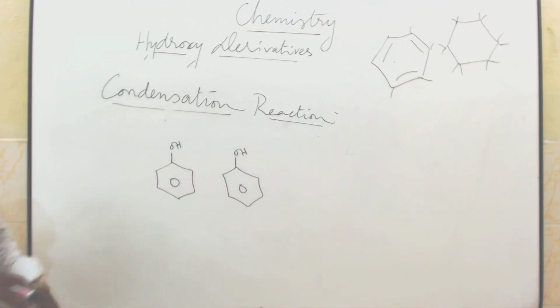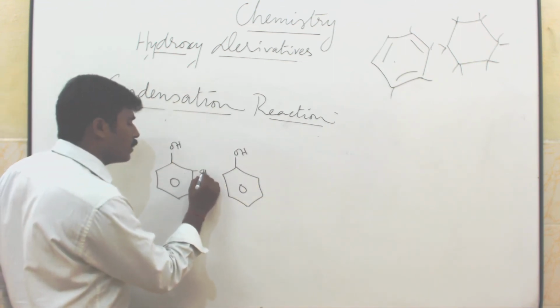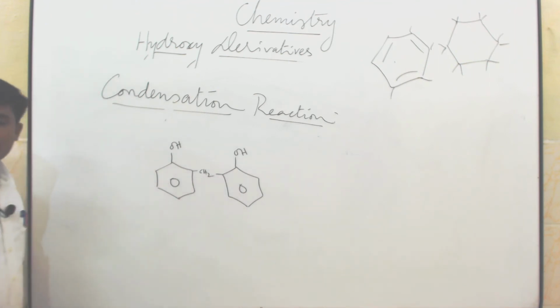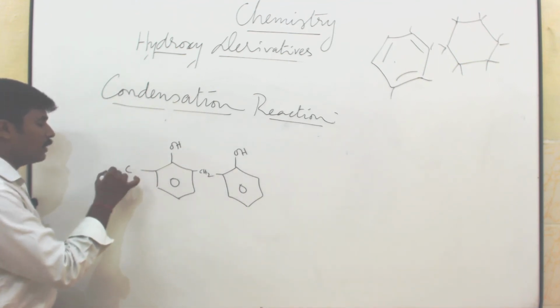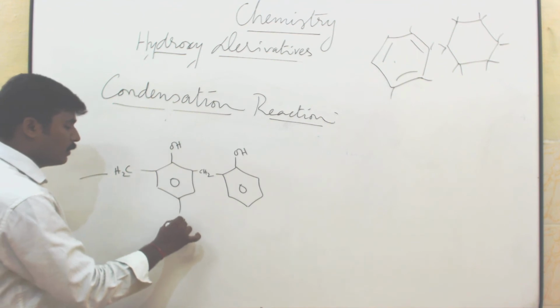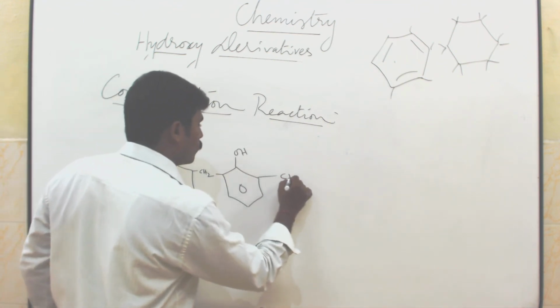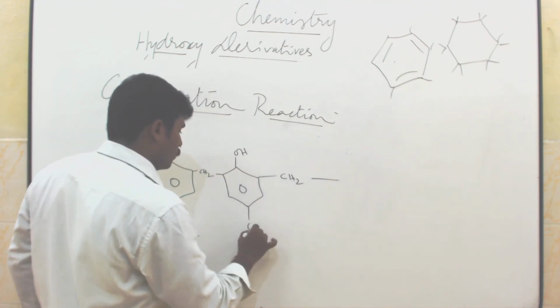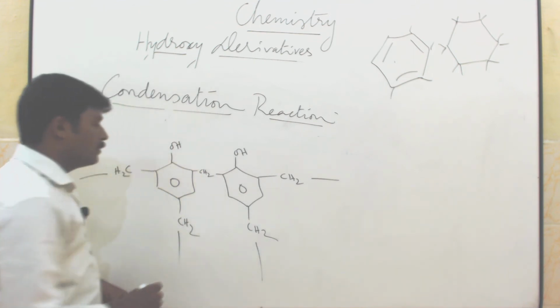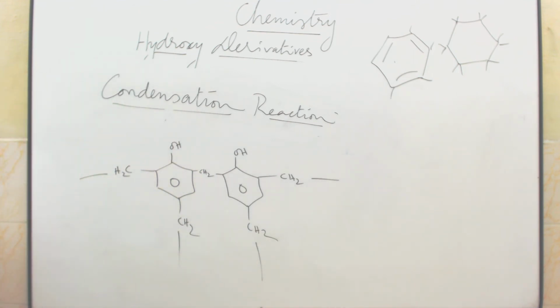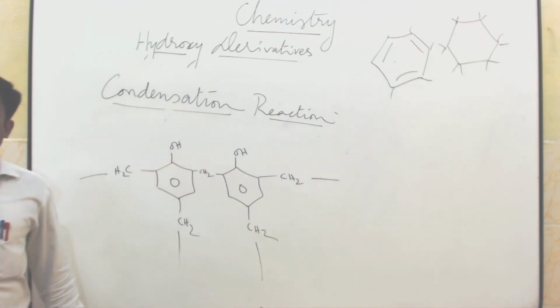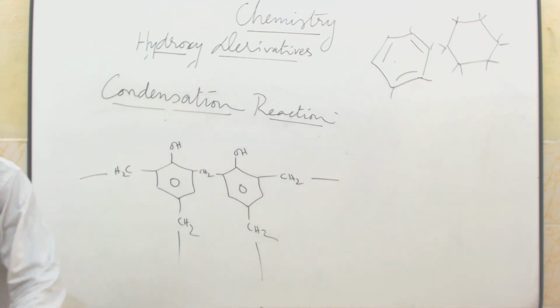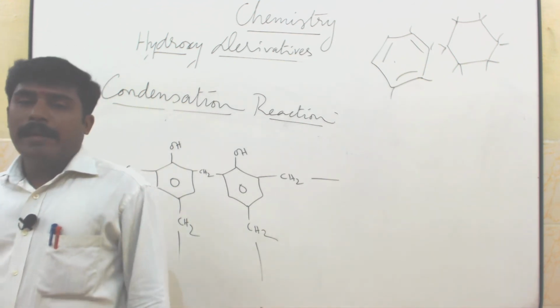In between, everywhere, there is a CH2 bond, like this. It is named Bakelite. When you add excess formaldehyde, you get a polymer product, namely Bakelite.